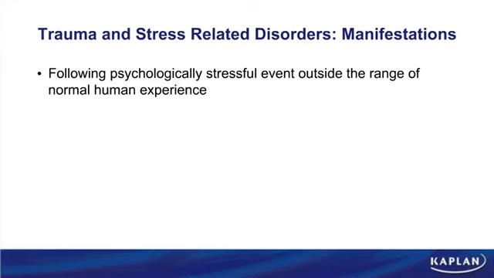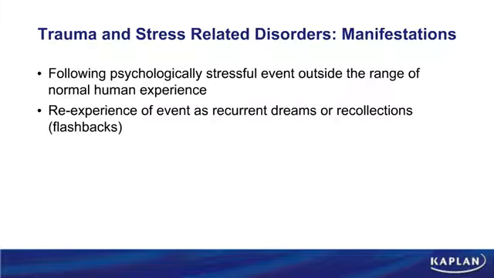These are stressors where you think that you're in a dangerous situation, you're witnessing something horrible, you think that you're going to die. Once you experience the stressor, then you're going to have a re-experiencing of that stressor in the form of a flashback. So you're going to have intrusive recollections during the day, or you're going to have nightmares at night about the associated event.